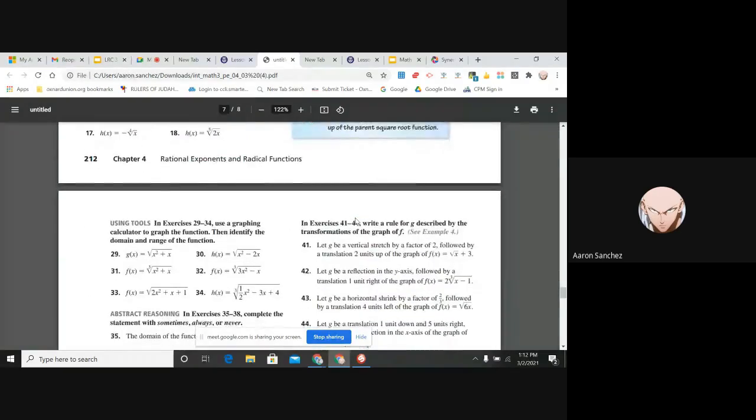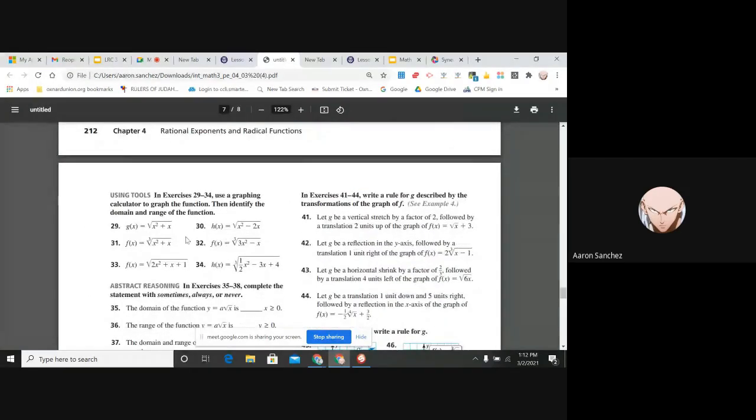And then 31. So, okay, use Desmos to graph 31, or your graphing calculator, and then identify the domain. So just graph that on Desmos. And then what else?